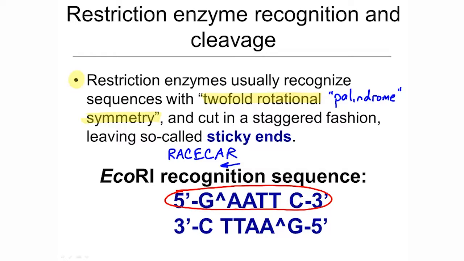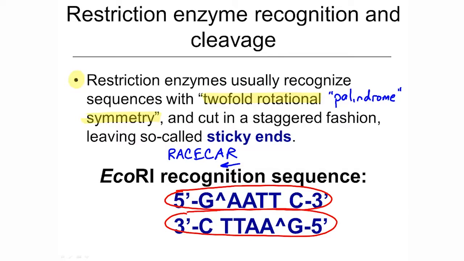Now, here's the reason why that particular sequence is not a palindrome: if you read it one way, GAATTC, it's not the same as backwards, which is CTTAAG. But since DNA is double-stranded, it takes the idea of a palindrome a little bit further, and that's why I like to use the term twofold rotational symmetry, and most textbooks and professors probably do use that term.